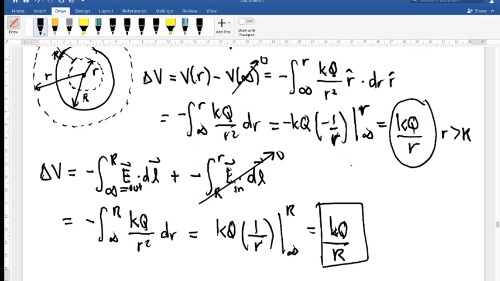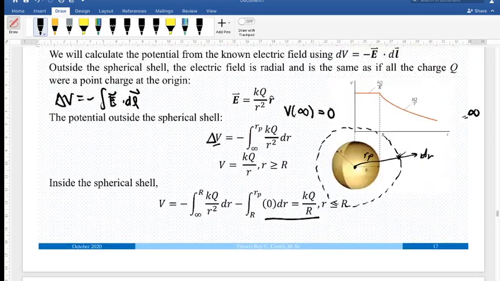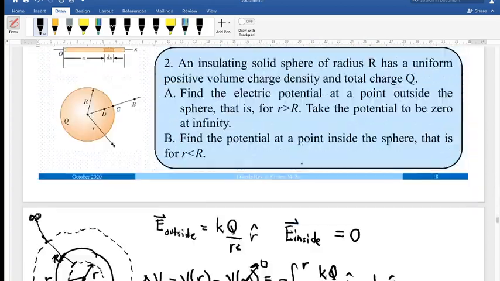In the graph of potential versus distance, there is a boundary when r is equal to R. Inside, the potential is constant, then it decreases as 1 over r. Okay, so that's how you deal with the application of Gauss's law using potential.